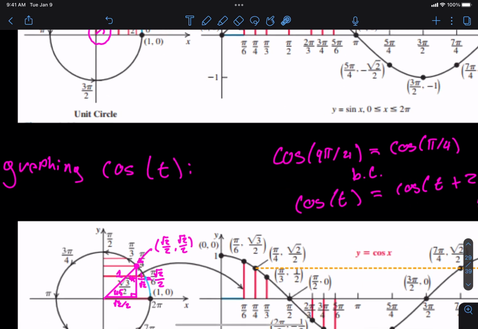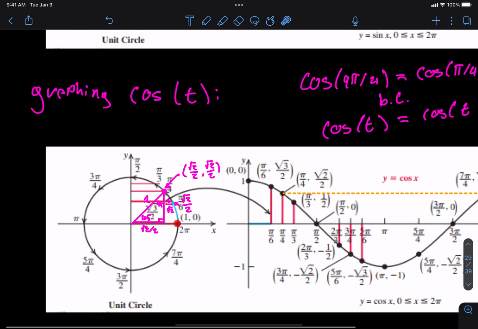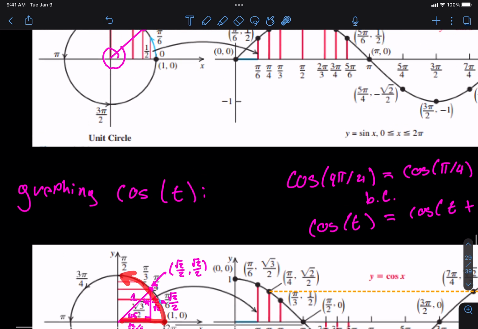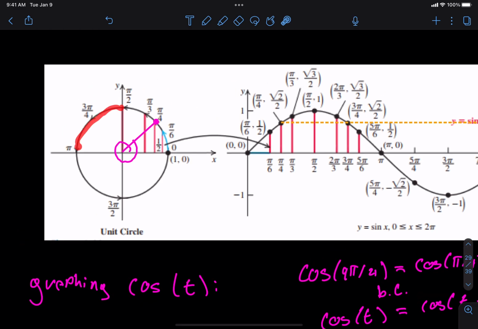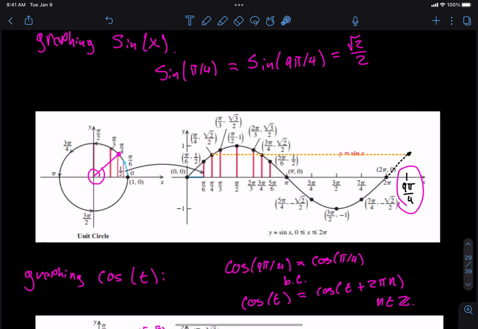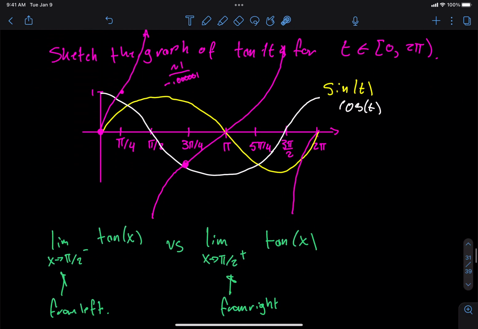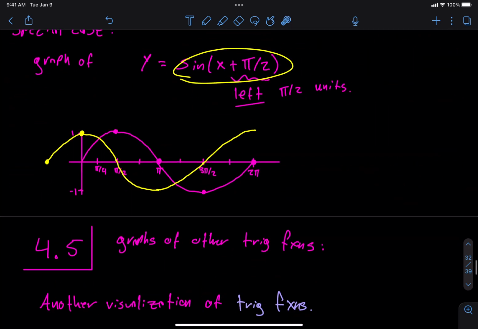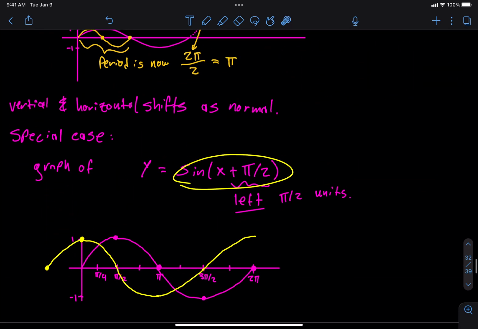Why is that? Because the width of the points as I go from here to here has the same process as the height of the points as I move from here to here. Okay, they decrease at the exact same rate, basically. Okay, so that's why when we take a transformation of sine, we can get back cosine.